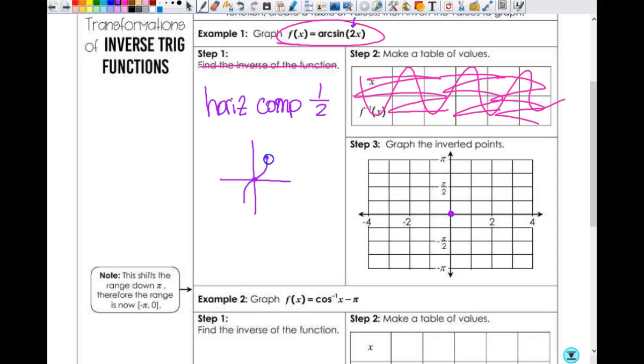This point here would be at 1, pi halves, so instead I have a horizontal compression of 1/2, so that 1 turns into a 1/2. That's my point right there. This point would be -1, negative pi halves, so instead it's at -1/2, negative pi halves. Those are my 3 anchor points, and I sketch in that piece.